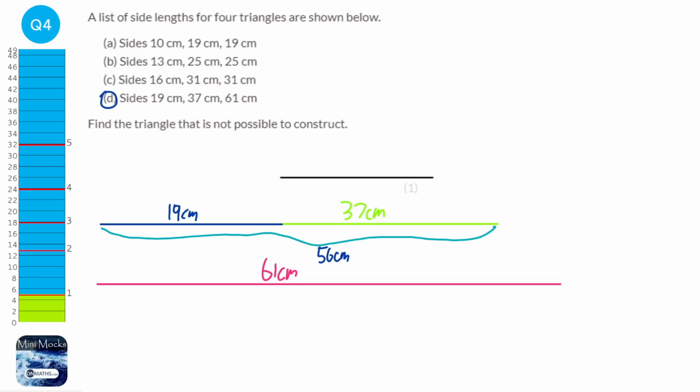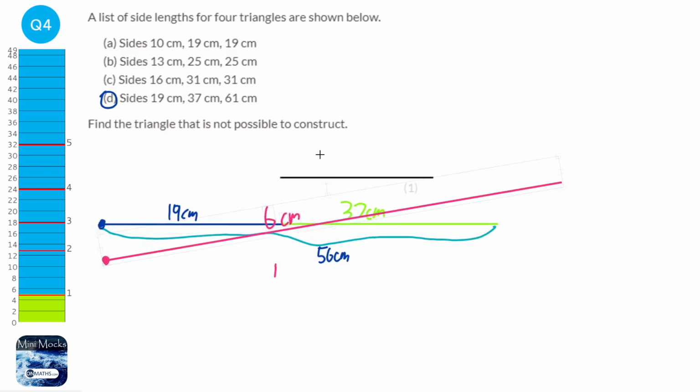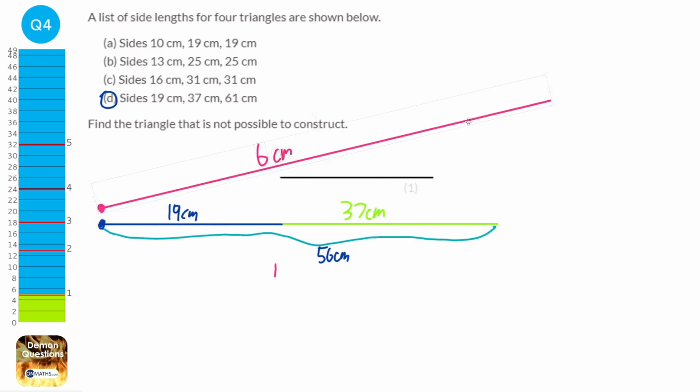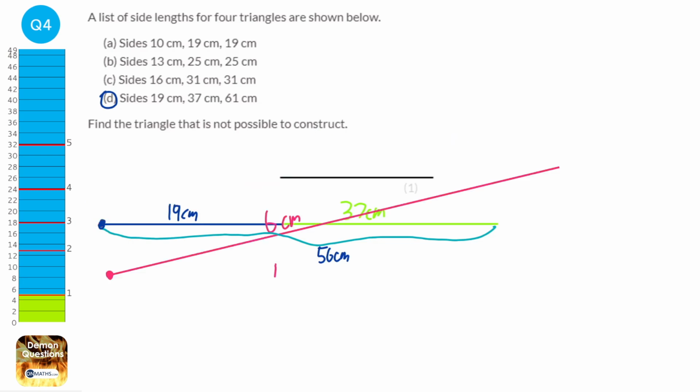So we could move this whole stick here onto this side here, but we can't actually make a triangle with it because the 2 lengths that we've got won't ever reach the end bit here.